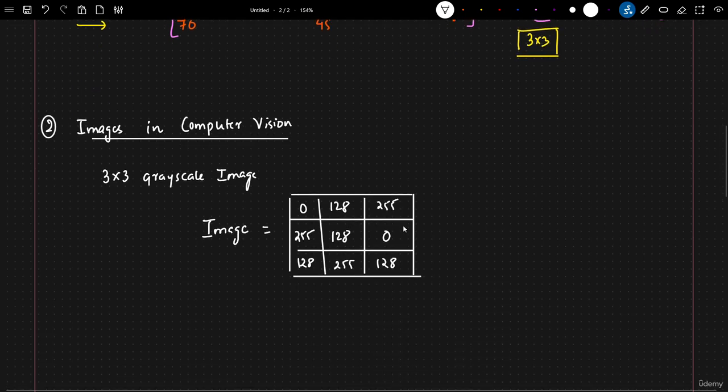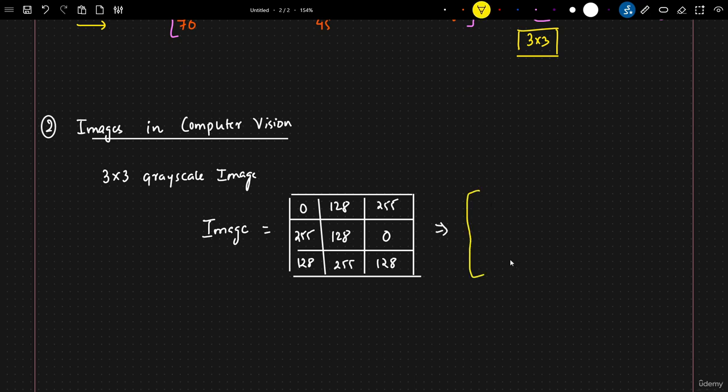So these entire pixels can also be represented in the form of matrices, right? So here we have 0, 128, 255, 255, 128, 0, 128, 255, and 128. So here also we will consider these as rows and these are columns, right? And this matrix is also a 3 cross 3 matrix, okay?